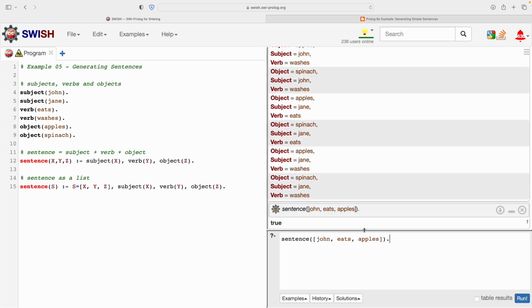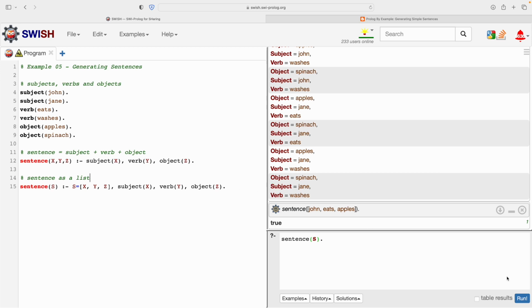So that hasn't brought us much from what we were doing before. You might find it easier to write sentences like this, but the real power comes when we ask Prolog to generate. Remember what we said at the start? If we write our definitions well, then rather than just testing whether something is true or false, Prolog can actually generate things which match the definition, generate content, and that's quite powerful.